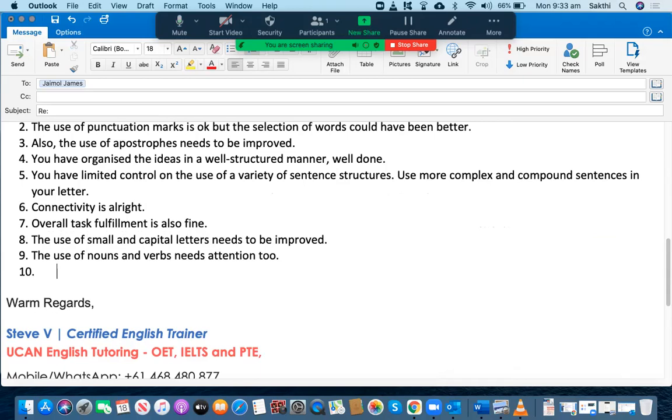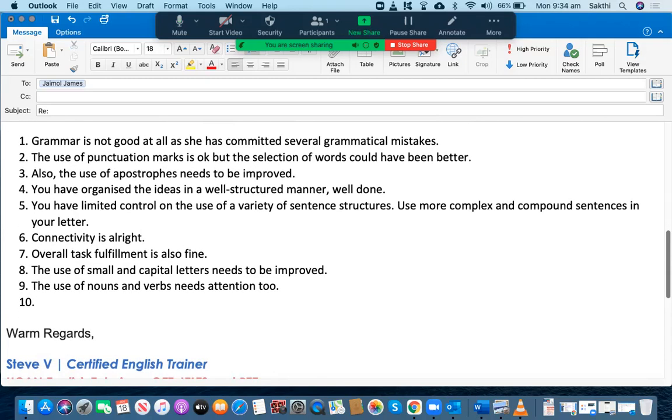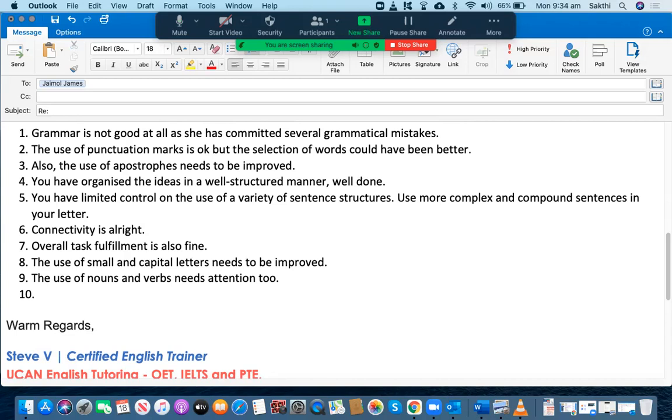So she has to be able to identify that, and she needs to use more formal words. Okay, vocabulary could have been better with the use of more formal words, as I already mentioned.